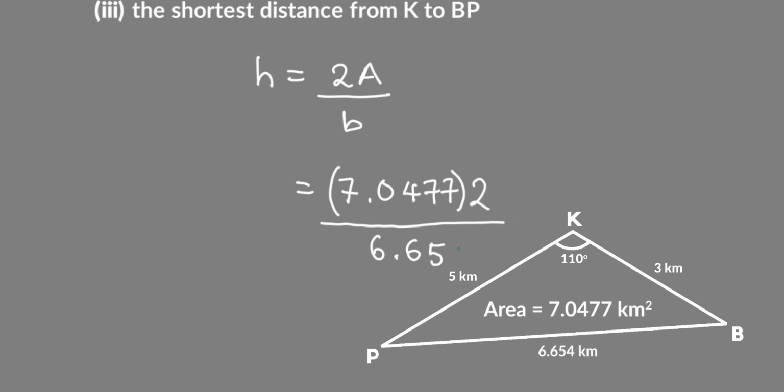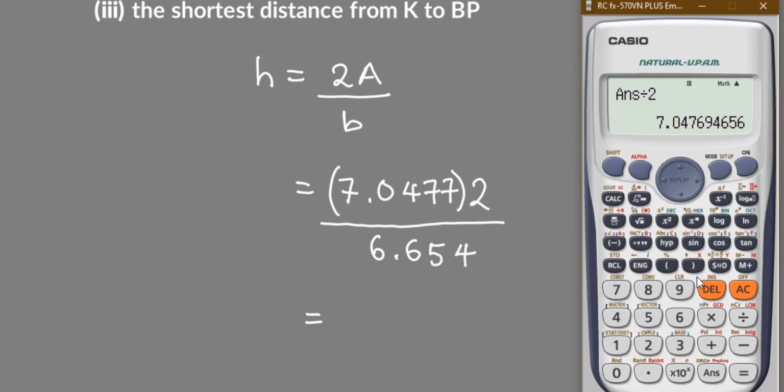If you want some accuracy, we can add the 4 like that, then punch this on the calculator and find the value. Okay, we have 7.0477 multiplied by 2 divided by 6.65. That is our answer, 2.118. This is the shortest distance.